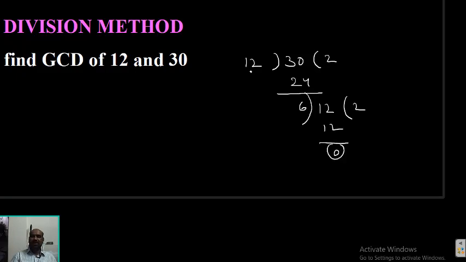Last but one division. So in the last but one division, this becomes the GCD of the given numbers. Therefore, the GCD of 12 and 30 is 6. This method is called the division method, an important method.